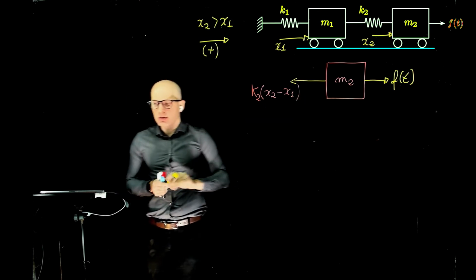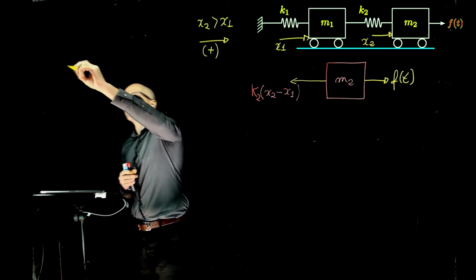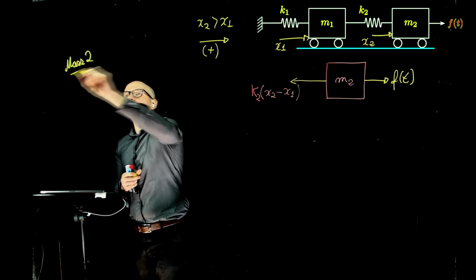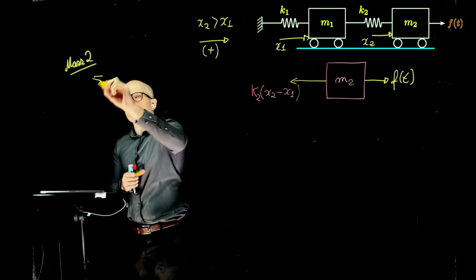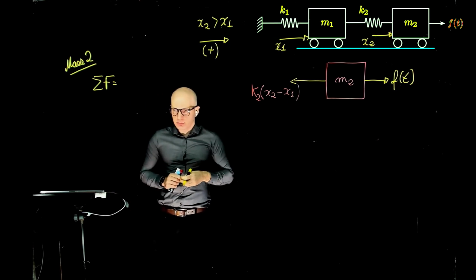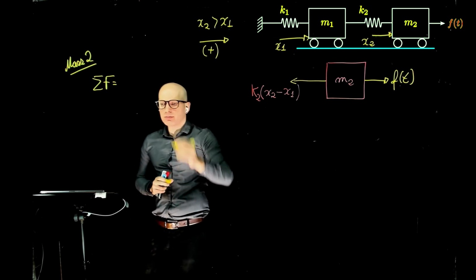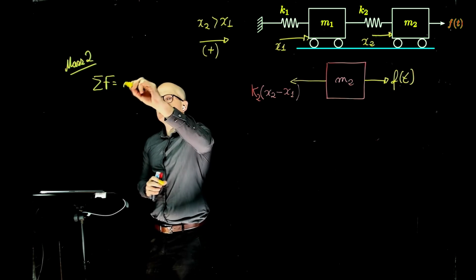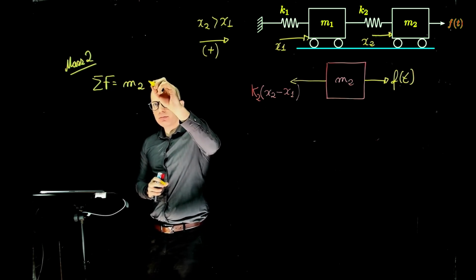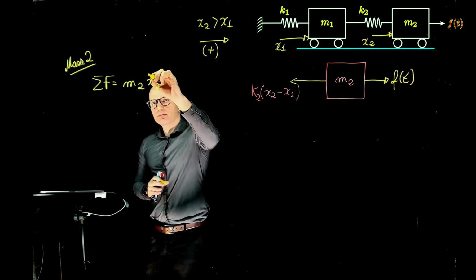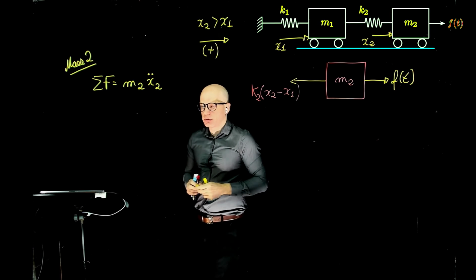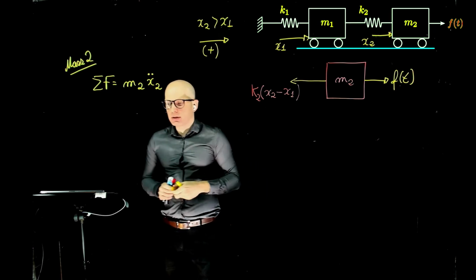No, that's it, right? So now we can write the equation of motion for mass 2. We have the sum of all forces acting on the mass equals m2 times x2 double dot, the acceleration of mass 2. What are the forces acting on this mass?